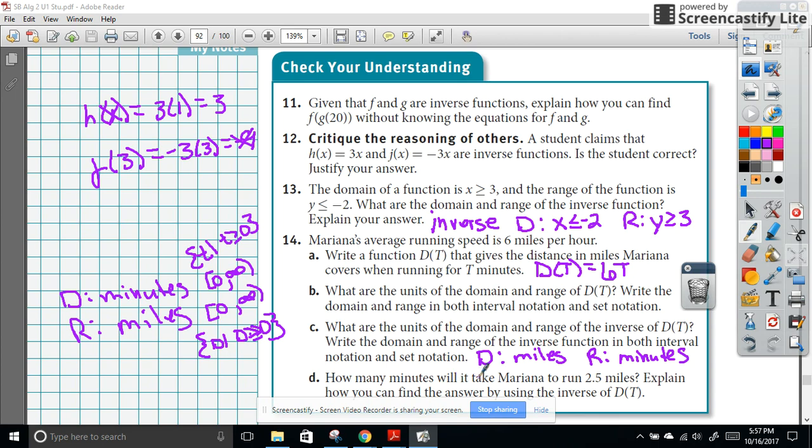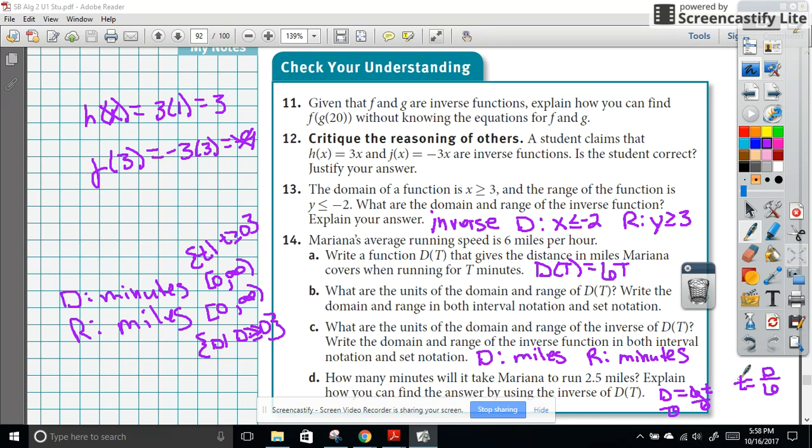How many minutes will it take Mariana to run 2.5 miles? Explain how you can find the answer by using the inverse. Okay, well, if we use d is equal to 6t, then the inverse of that would be to divide both sides by 6. t is equal to the distance divided by 6.